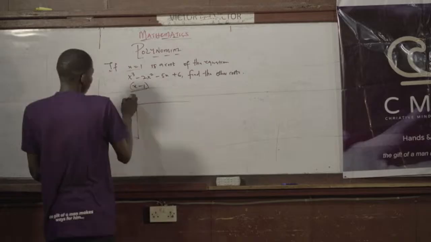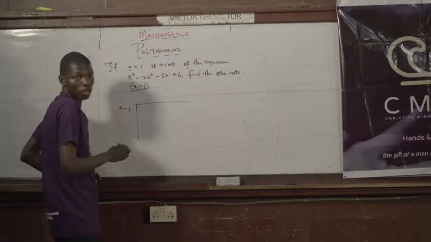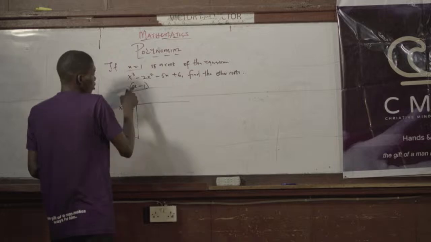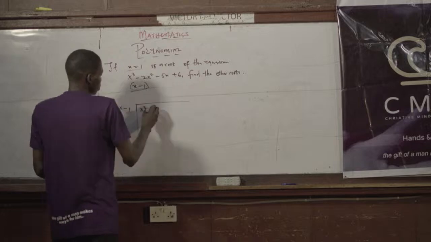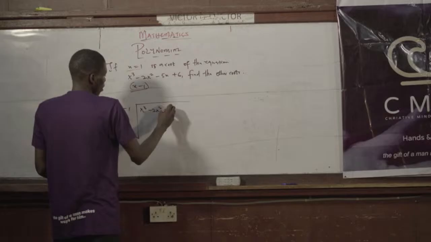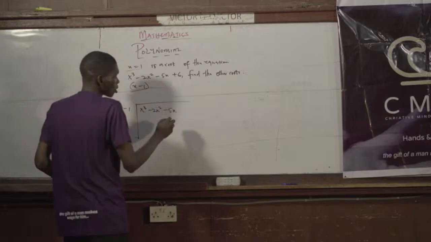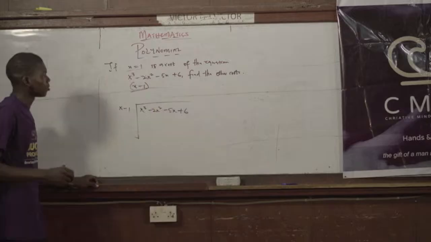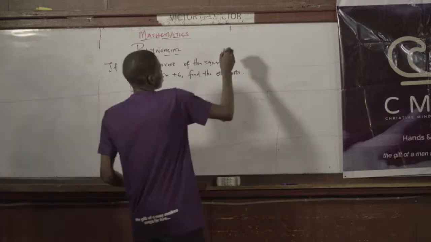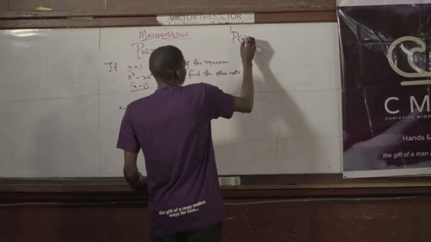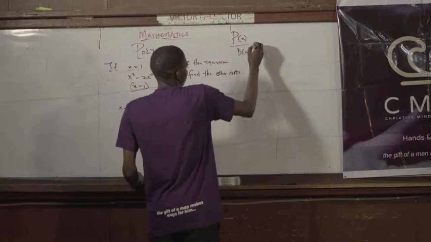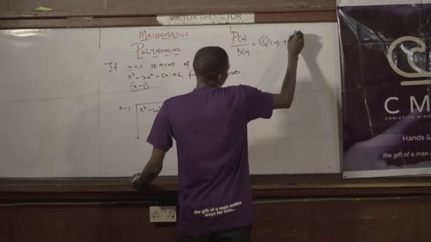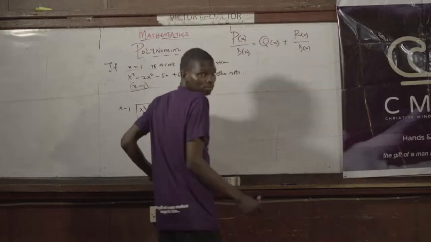How can we do that is by saying x minus 1. Now we put x minus 1 here, which is the divisor. Then we put x raised to power 3 minus 2x squared minus 5x plus 6. Because I told us the other time that polynomial p of x divided by divisor d of x is simply quotient q of x plus remainder r of x over d of x.